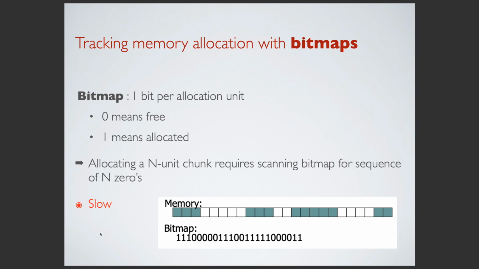I have a question here. If you are unable to find n zeros together, what happens? It means exactly that you have fragmentation. It means that you cannot allocate that block. And again, that's the point that we don't want to reach.